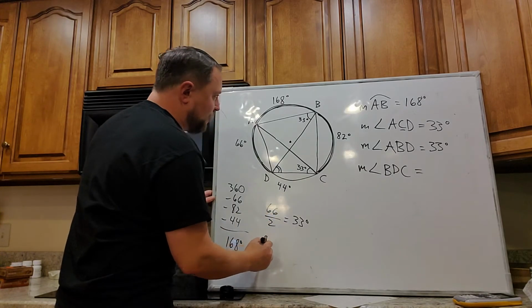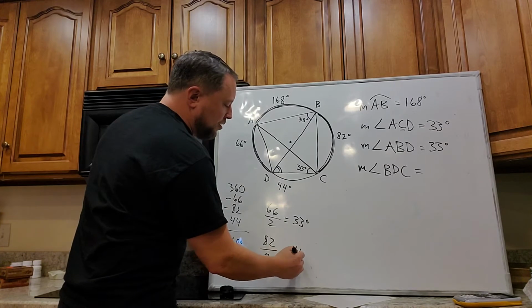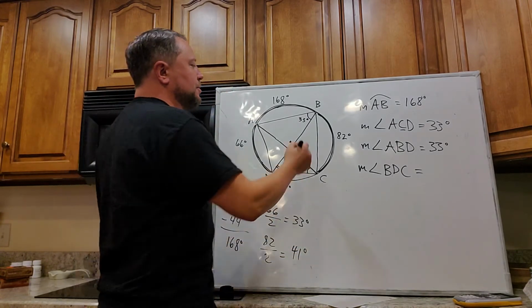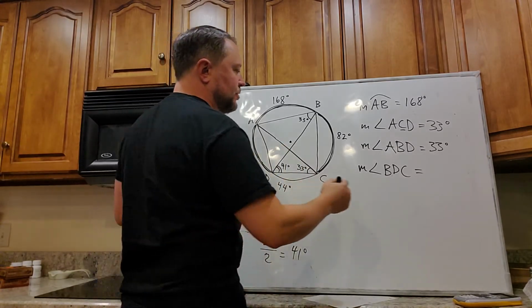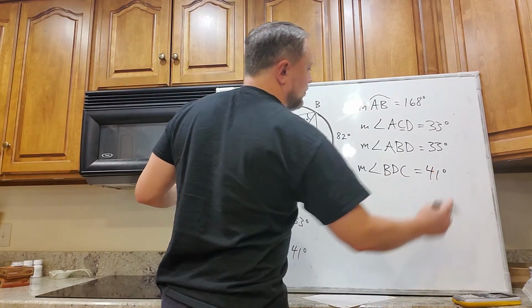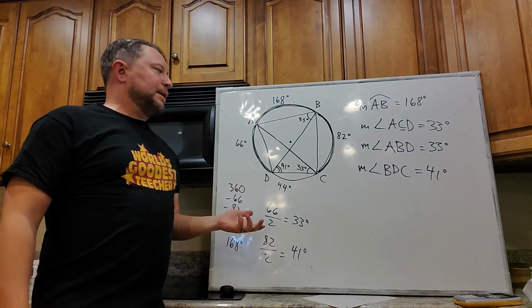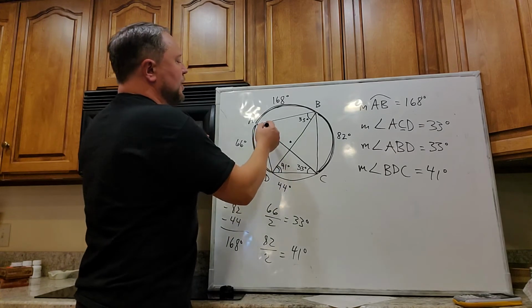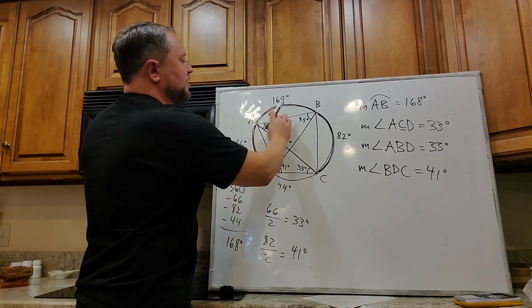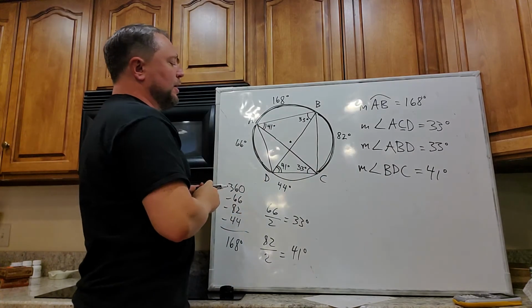So half of 82 would leave me with 41 degrees. So this angle down here is 41 degrees. You probably guessed it. Yeah, there's another 41 degree angle. It would be the other inscribed angle up here that hits that same arc of 82. So that's 41 as well.